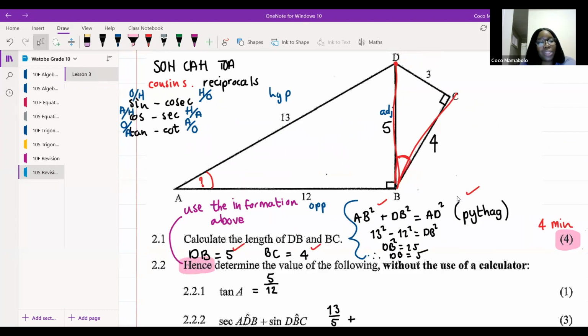But we already know what sine is. Sine is opposite over hypotenuse. So what is my sine of B, guys? Sine of this angle over here. Have a look in this triangle over here. What are we going to get?